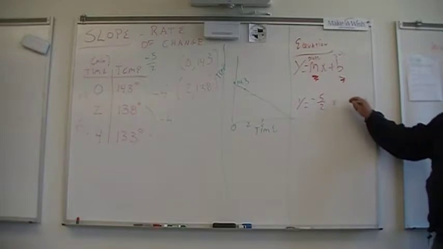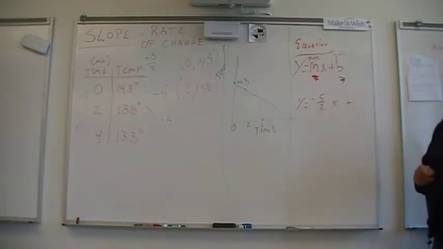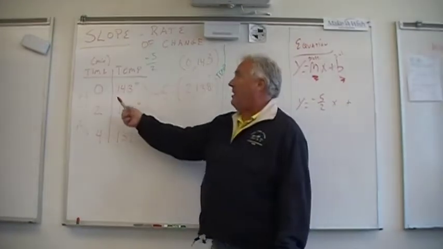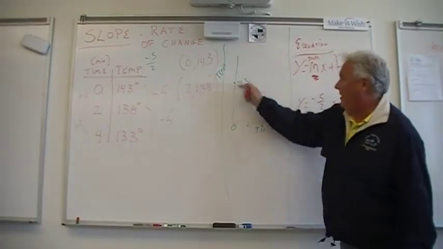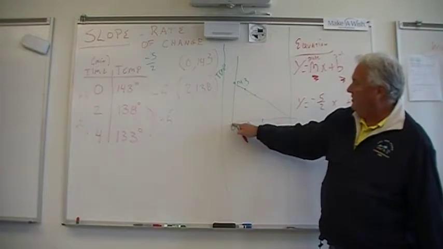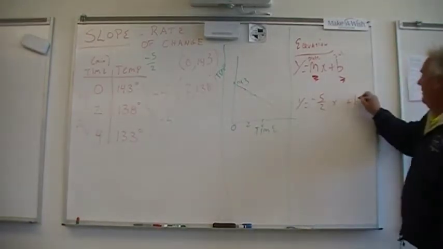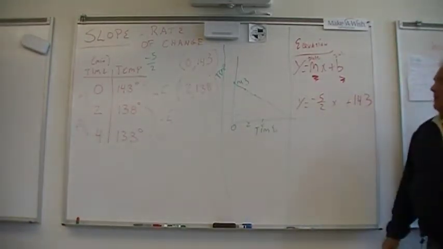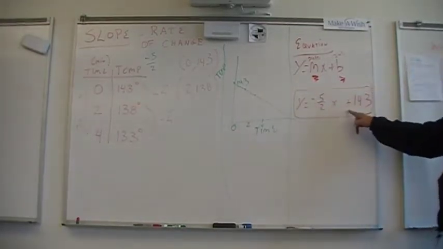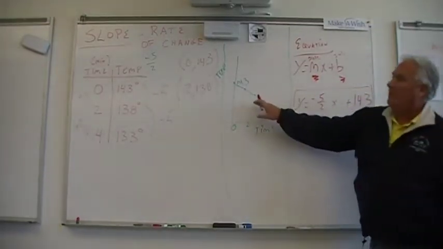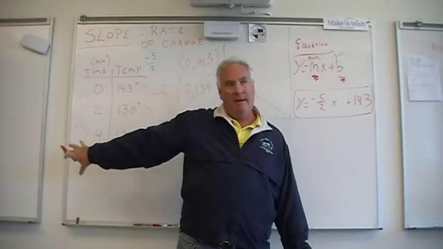x plus, what's our y-intercept? Well, I made this one easy because it's at 0. Because when we graph, whatever's at 0, there's our y-intercept. I've presented this information as an equation, as a graph, and as a table.